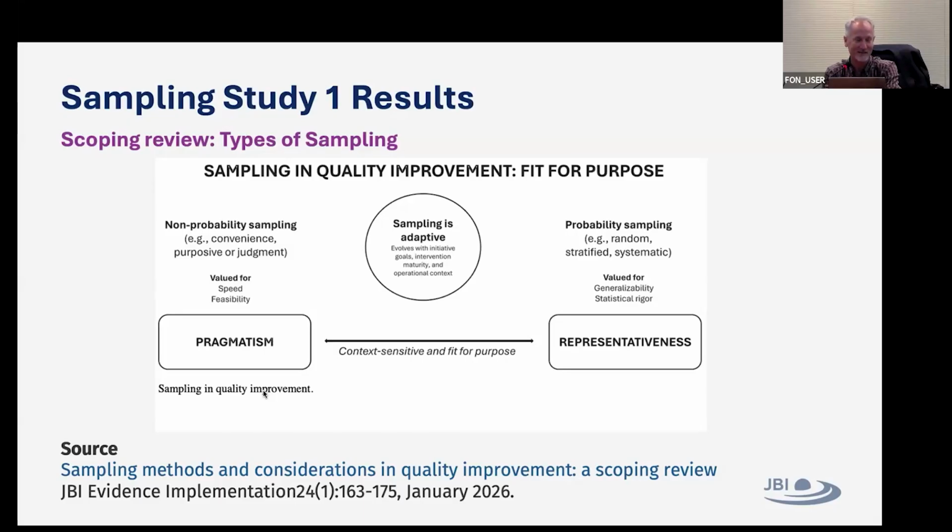Gosh, what a complicated question. I mean, to me, I would say it depends on what your intention is with the analysis. So if you are analyzing within individual sites, then one site randomizing versus another site using convenience is okay.